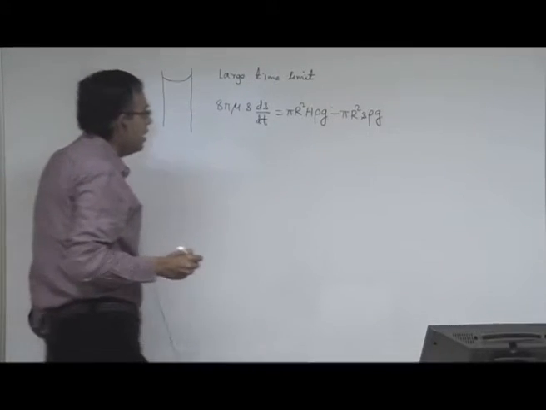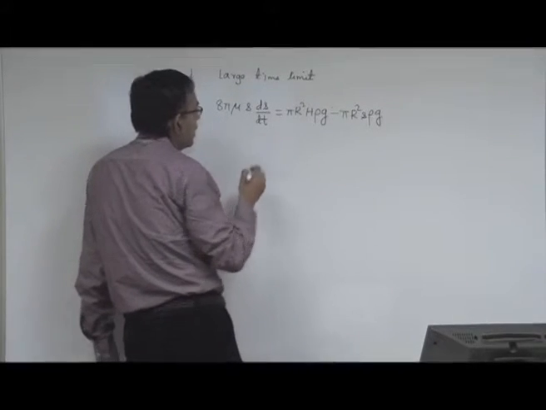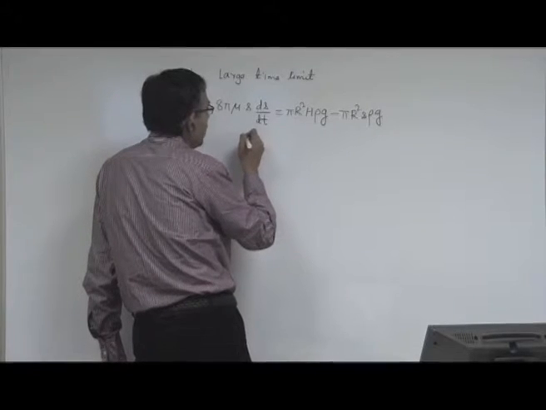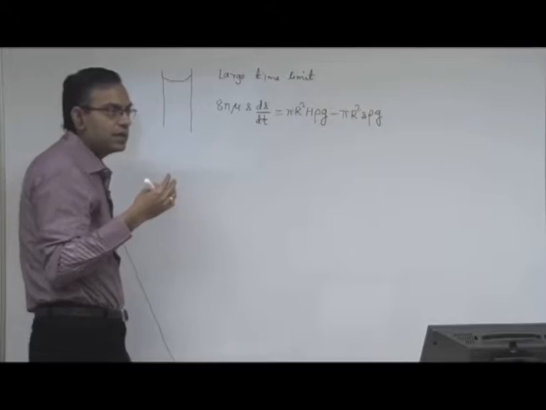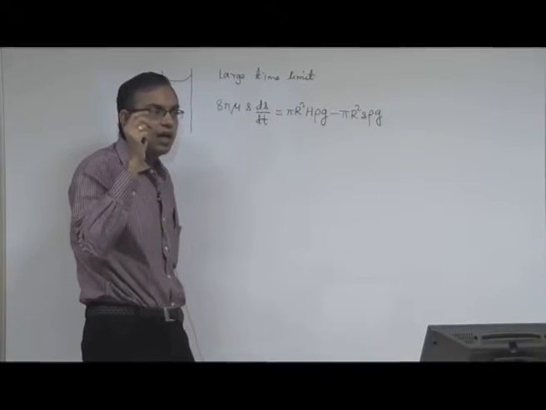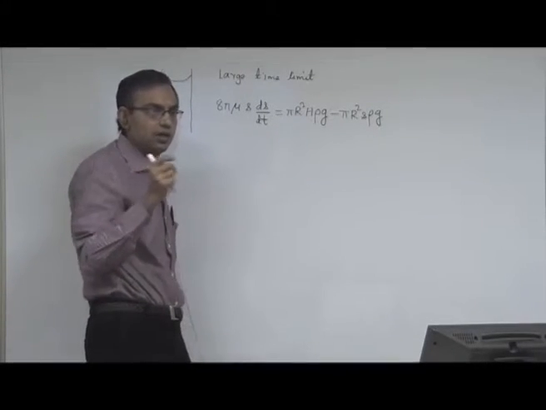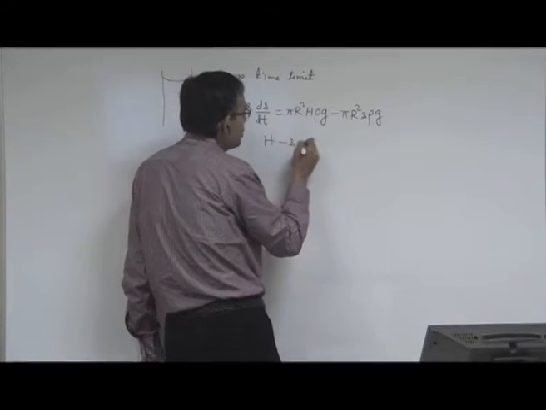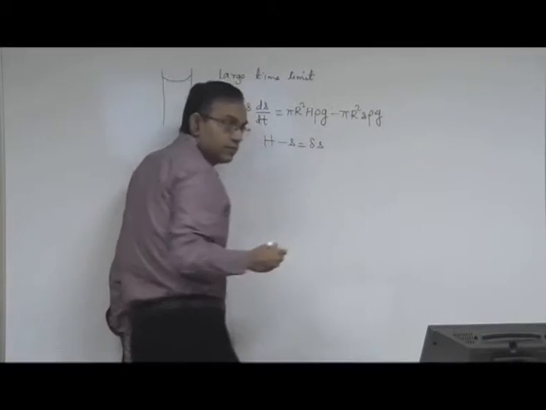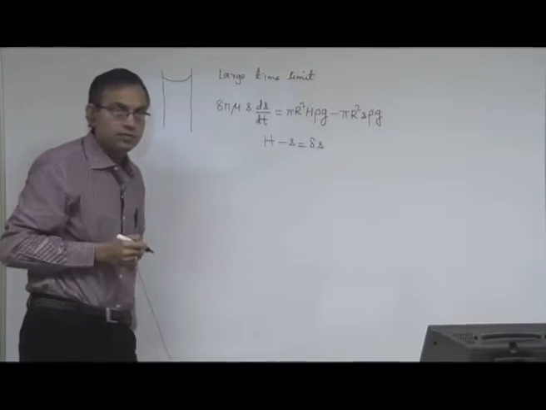Now what is the hallmark of a large time limit? The hallmark of a large time limit is that the difference between H and S is very small. So let us say that H minus S is equal to delta S.